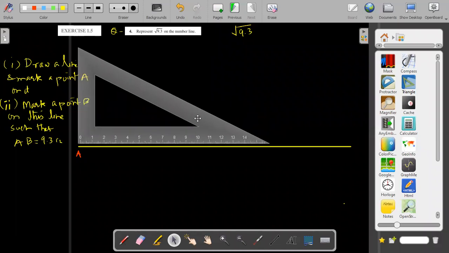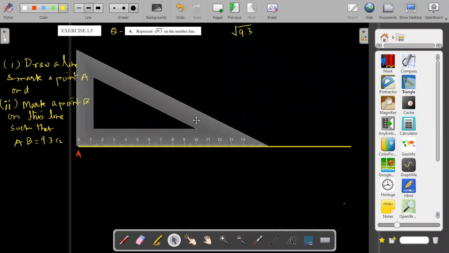Take the scale, put it here, and mark from point A 9.3 centimeters, trying to make it exactly 9.3 centimeters. This is your point B.